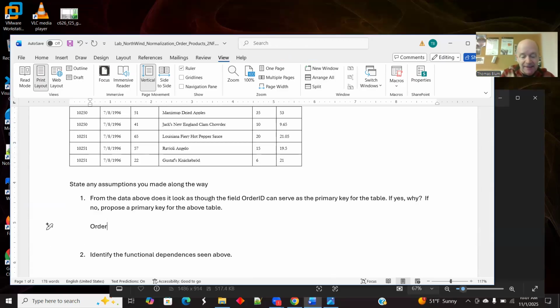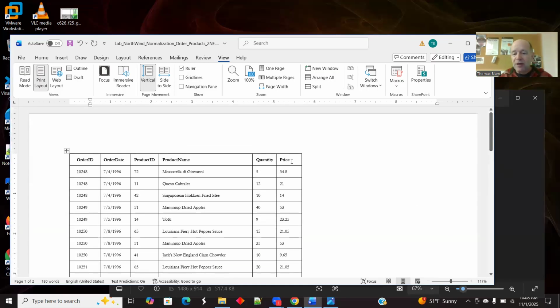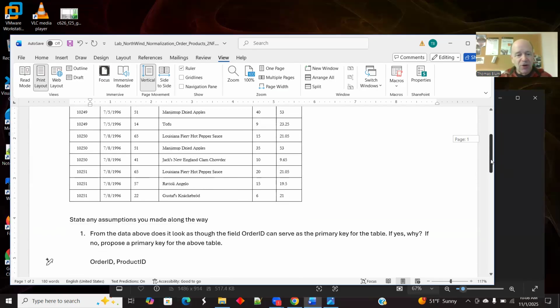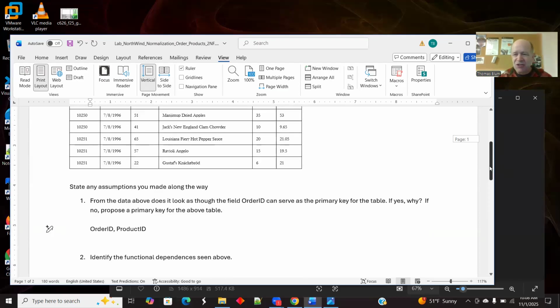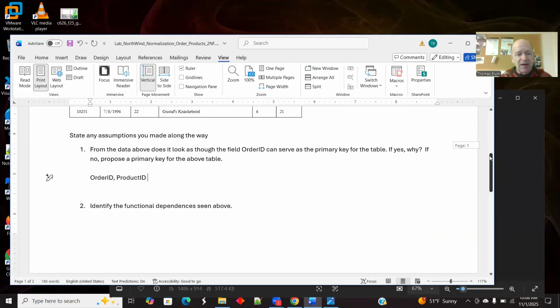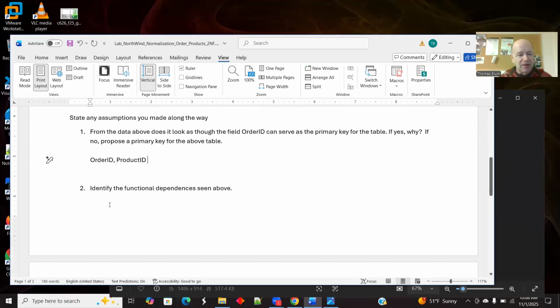So order ID and product ID as a composite ID can serve as the primary key for the data we are seeing. Whether all the other columns can be determined by these two, either alone or as a combination, we're now asking for the functional dependencies.